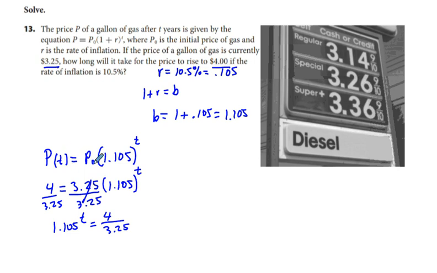And so what we can do is take the log of both sides. So we'd have log of 1.105 to the power of T is equal to log of 4 over 3.25.